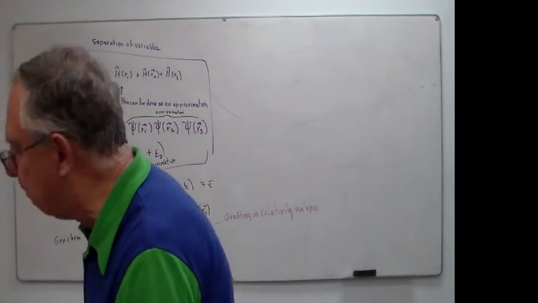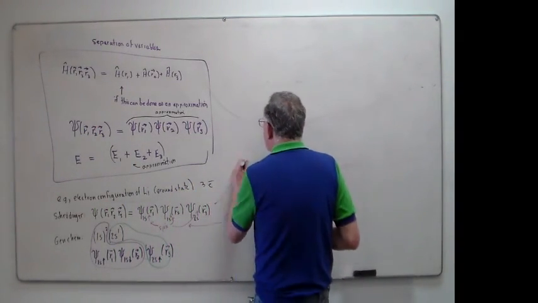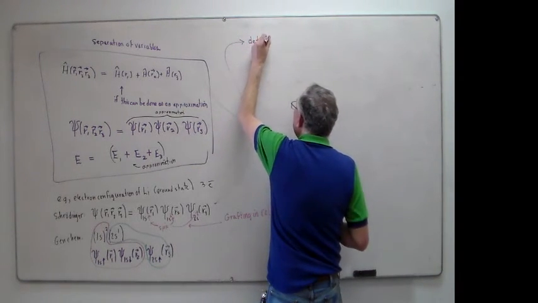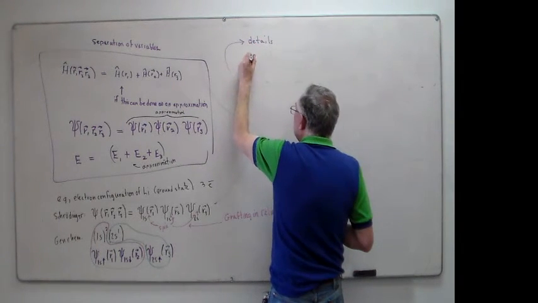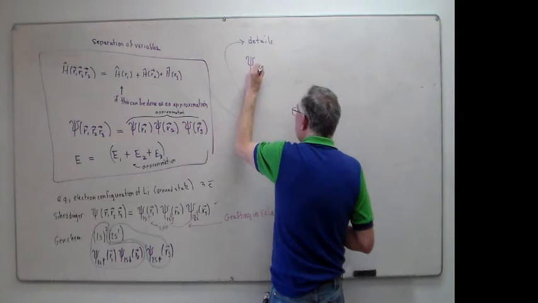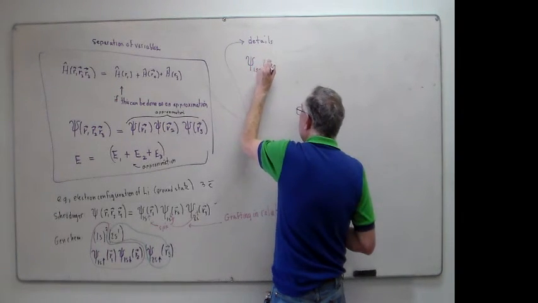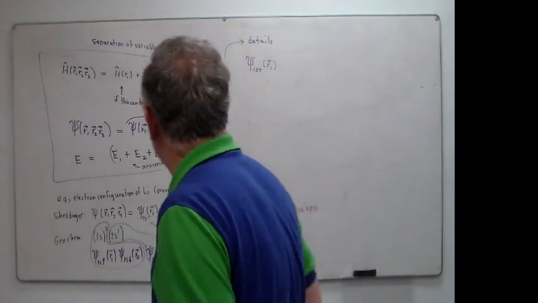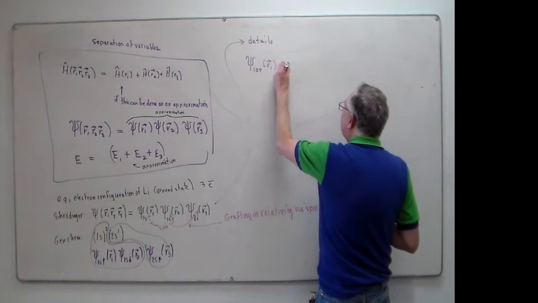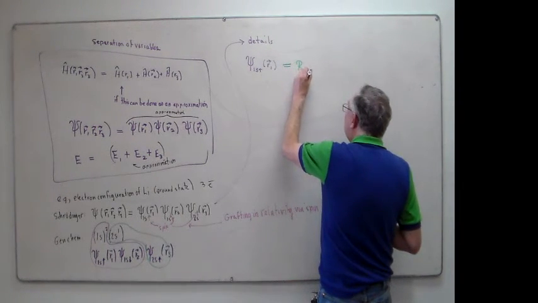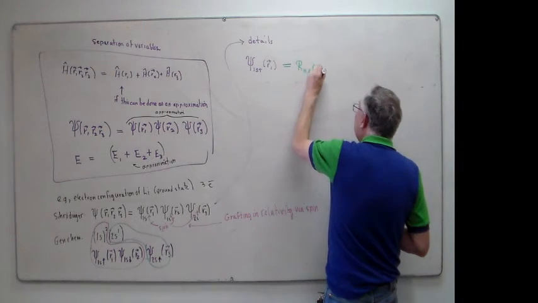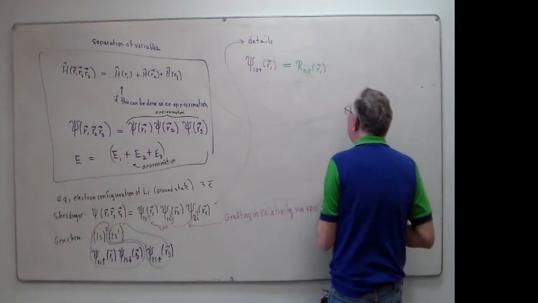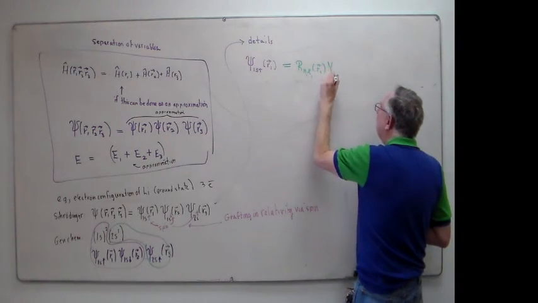Now, it gets even better. Let's look at details. This can really be written as the product of a radial function times an angular function.